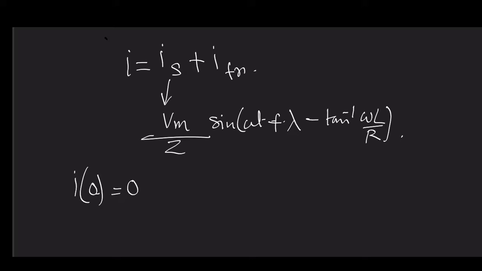So in that way you can find out the value of the transient at t is equal to 0. So basically your I_TR, what is I_TR? I_TR is something that is expressed by this.